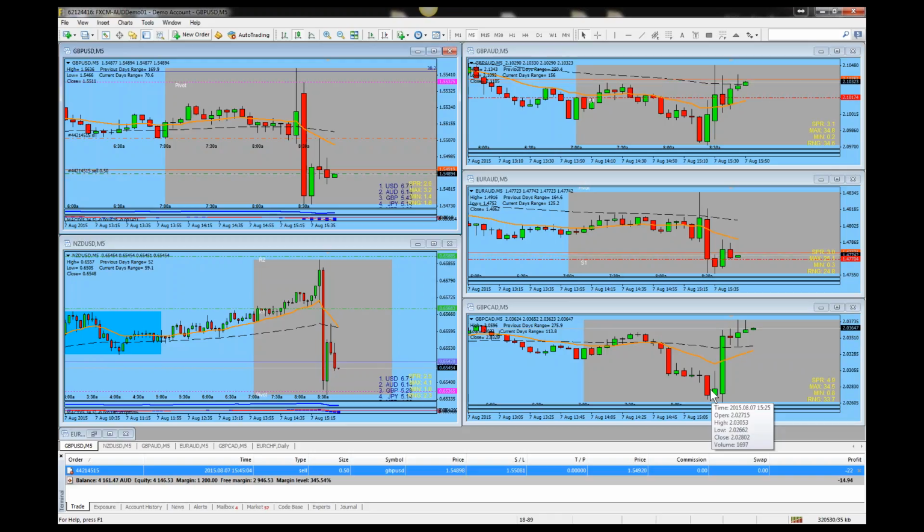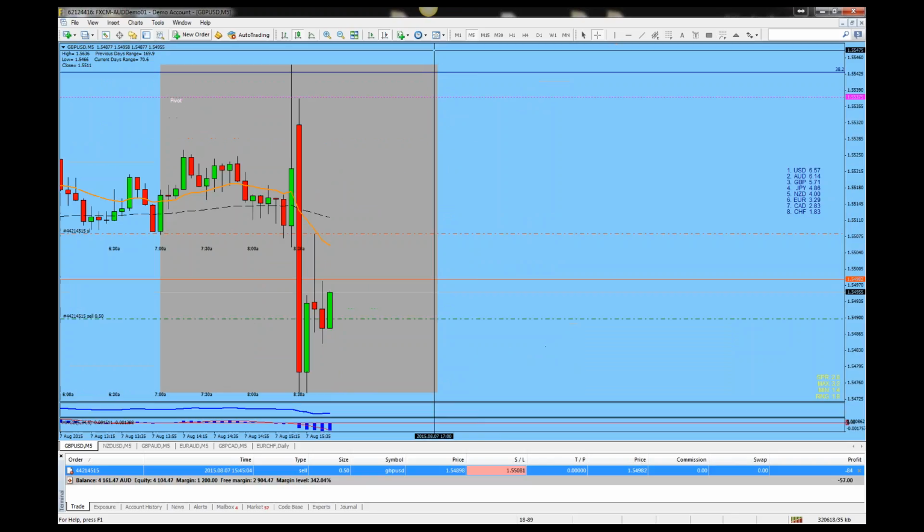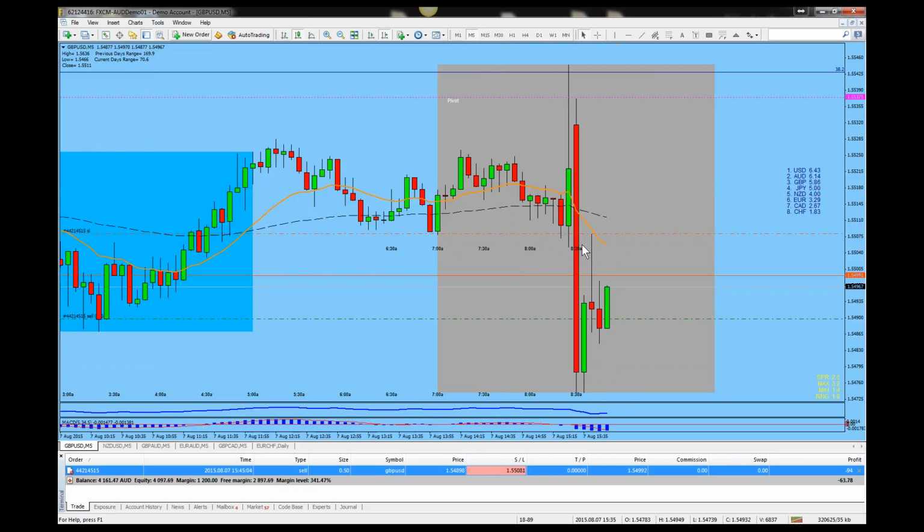Well, location is always a key thing. So if you see a Twin Tower, I like to look farther back in the chart to see if there's some reason for it. If I look at this spot here on this Twin Tower, I've got a nice little shelf right at that high.